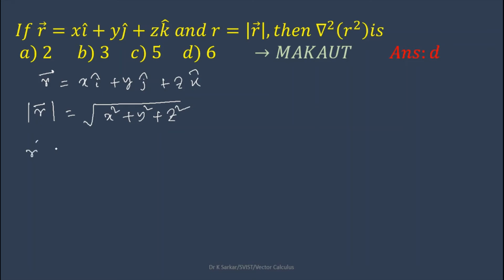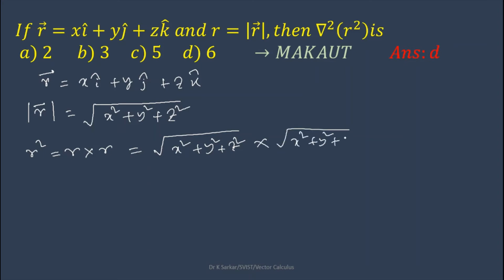So r square is r into r, that is square root of x square plus y square plus z square into square root of x square plus y square plus z square, which is x square plus y square plus z square.